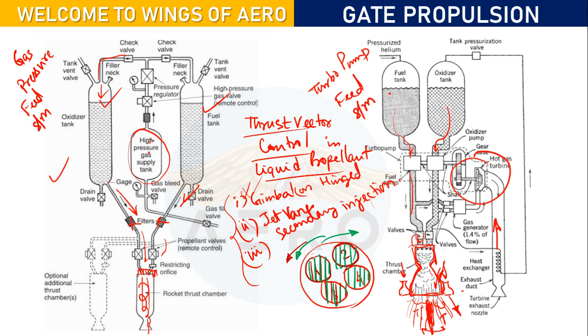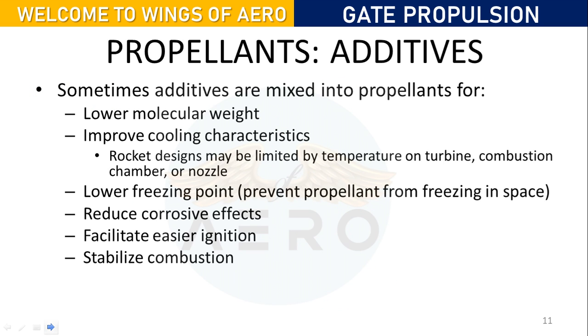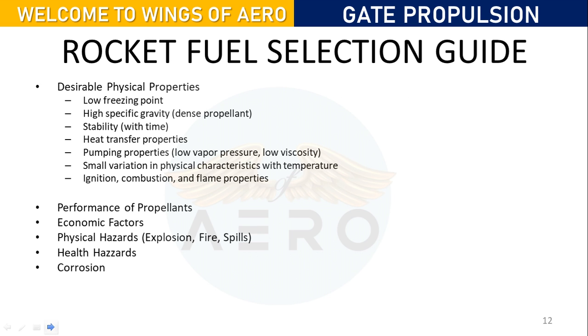Clear? These are the basic motions of a rocket. There are a lot of additives, and the properties of additives are theoretical, so please go through that, why it is selected, how it is preferred to select the liquid propellant and so on.